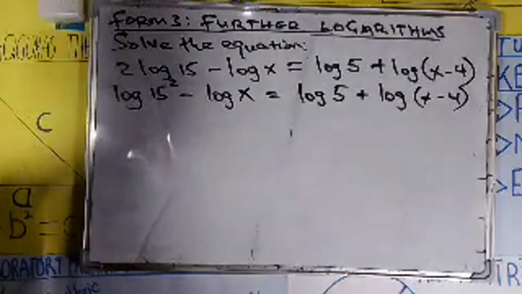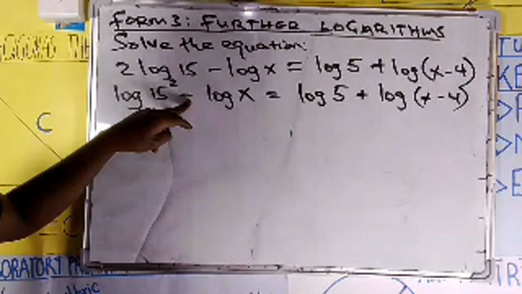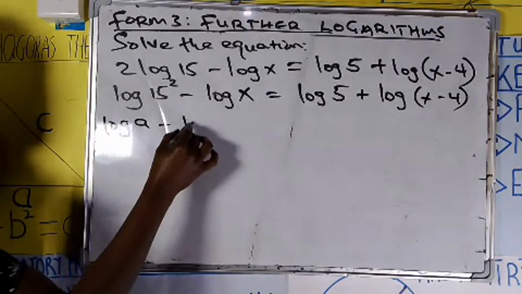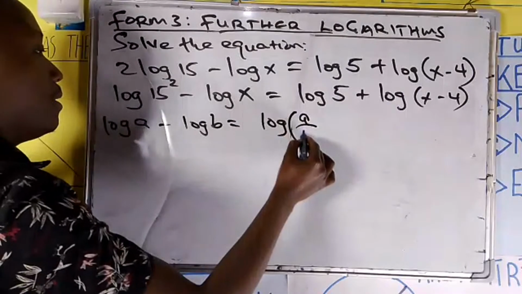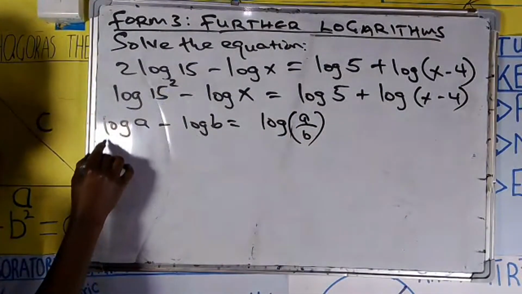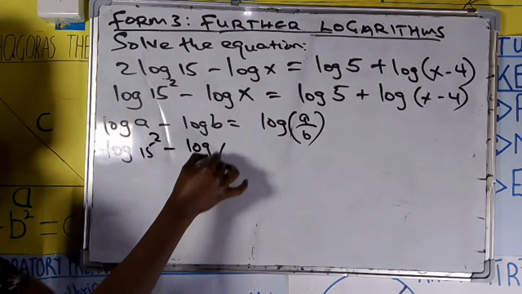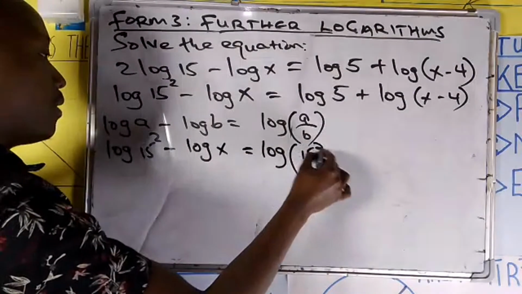So ikiwa hivyo, hii mahali kuna subtraction inamaanisha nini? Remember tumesema log A minus log B is equal to log A over B. Kwa hivyo hii yote log 15 squared minus log x ni the same na log 15 squared over x.